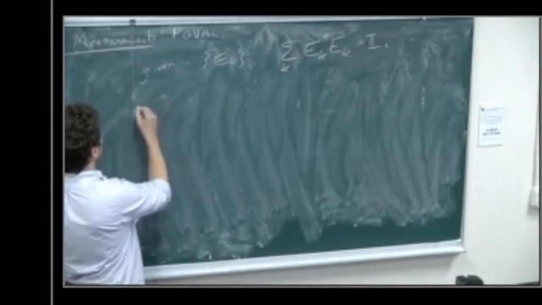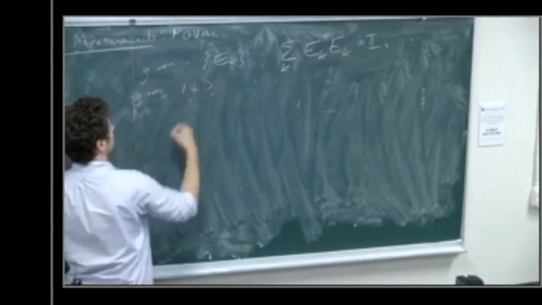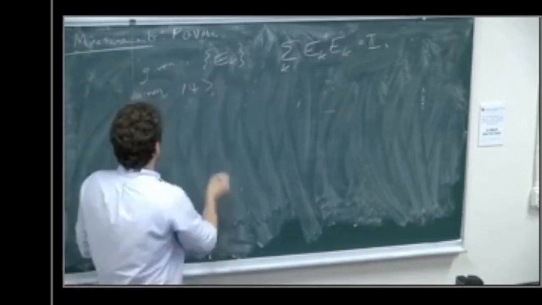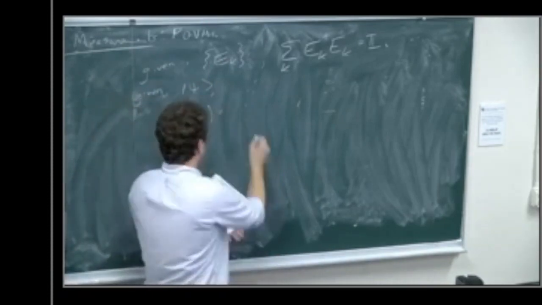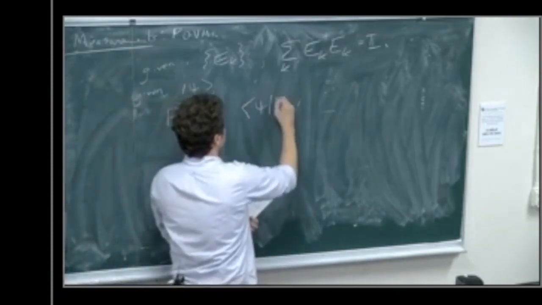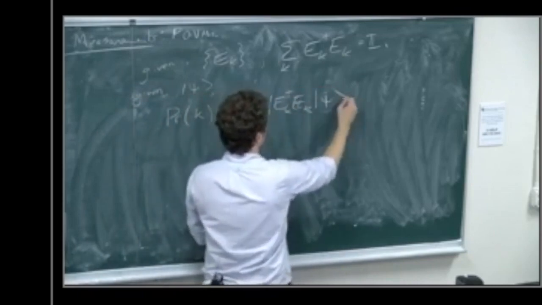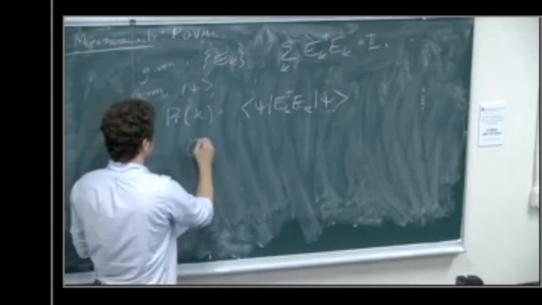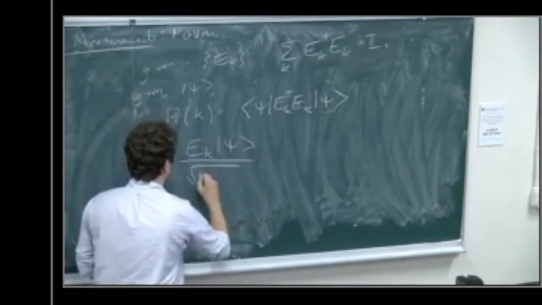And then if I have a state psi, I can do a measurement associated with these operators that has a probability of getting outcome k given by psi E_k dagger E_k psi, and leaves a post-measurement state of just E_k psi divided by the square root of the probability of k.